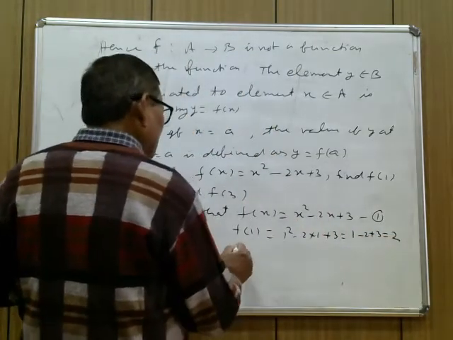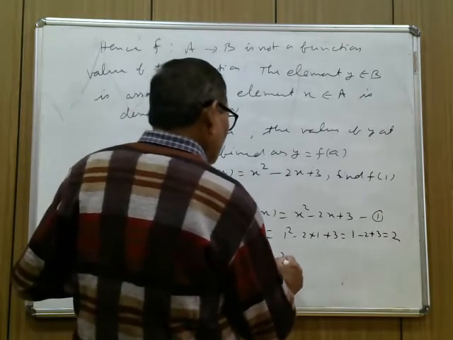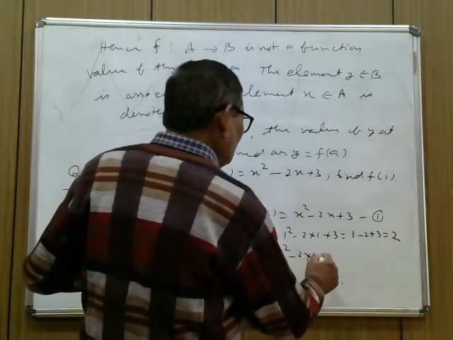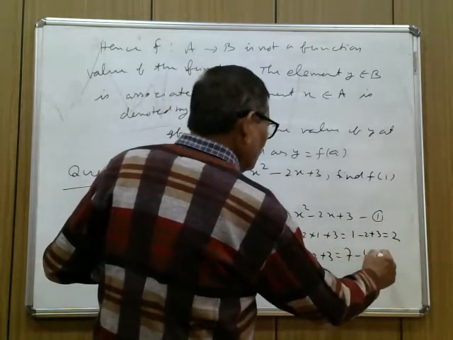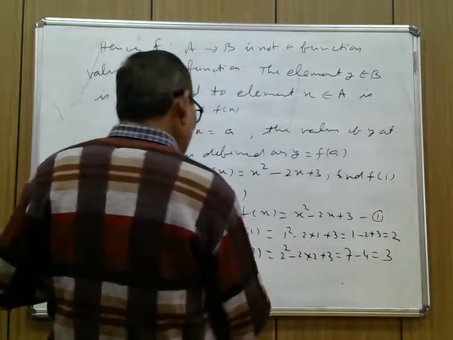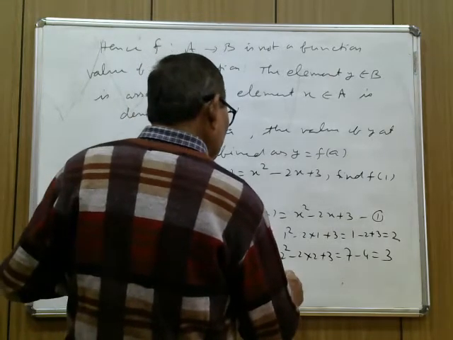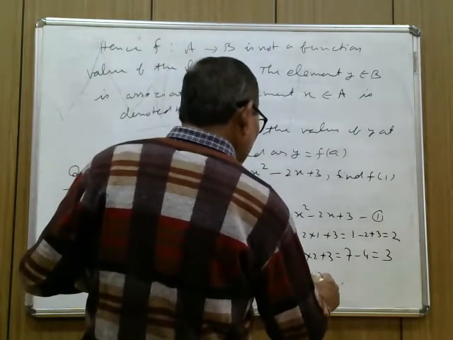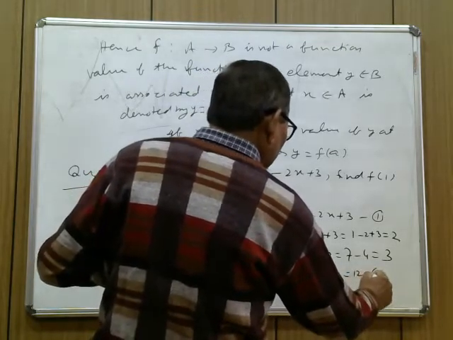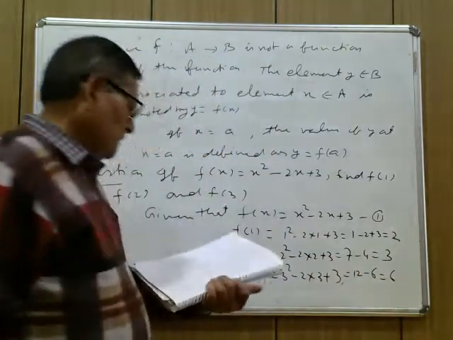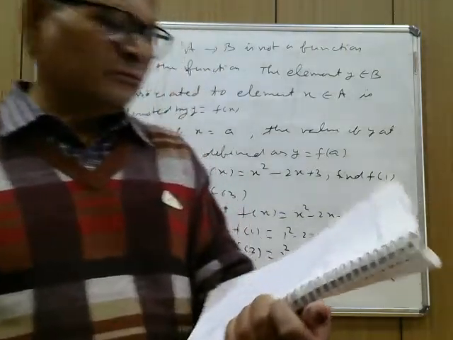Now second, we will find f(2), that is 2 square minus 2 into 2 plus 3, that is 4 plus 3 is 7, 7 minus 4, it is 3. Now f(3) is 3 square minus 2 into 3 plus 3, 9 plus 3 is 12, 12 minus 6 is equal to 6. In this way you are finding the value of the function.